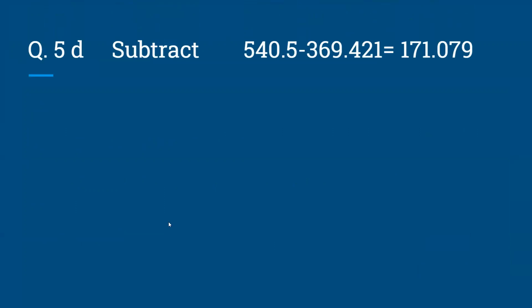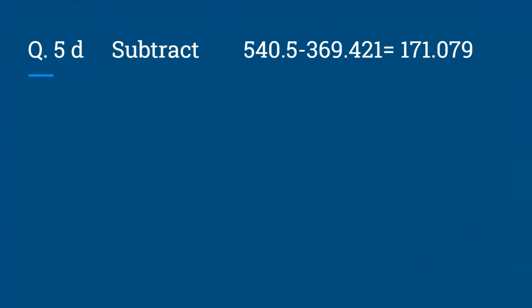Now, is the question 5D. Subtract 540.5 minus 369.421. Look here. The bigger number is having only 1 digit after decimal and the smaller number is having 3 digits after decimal.